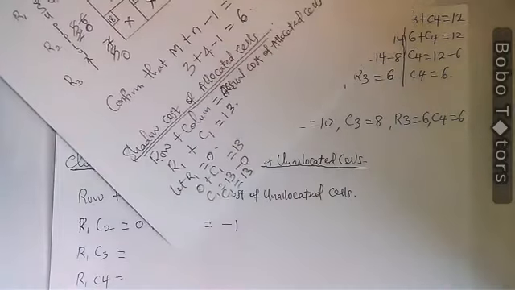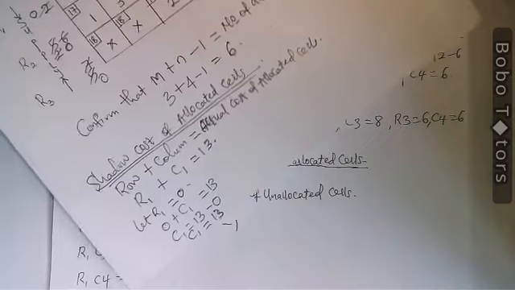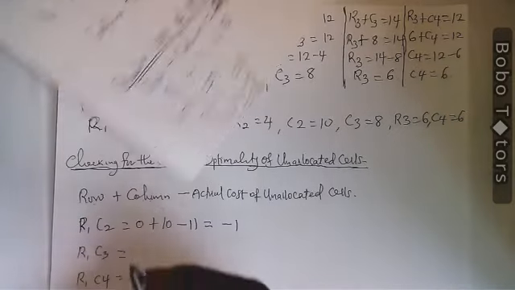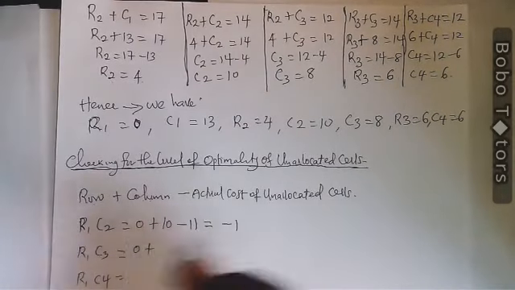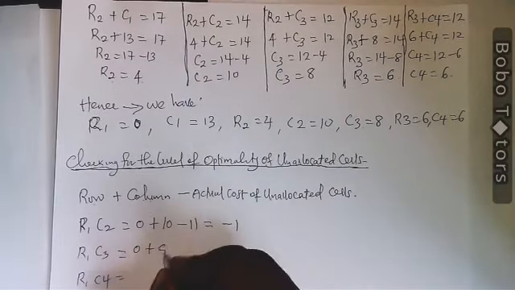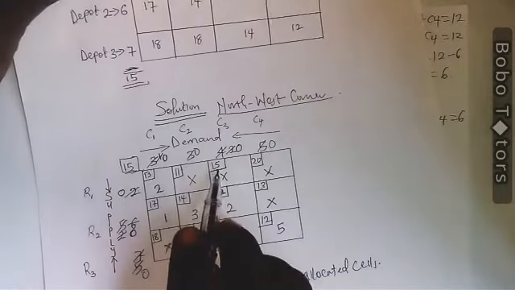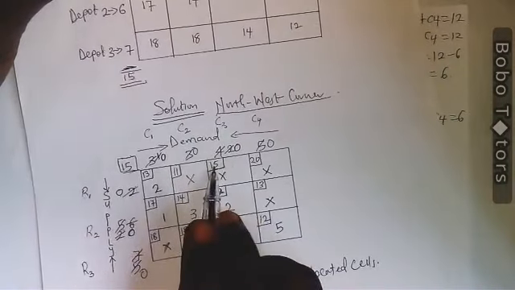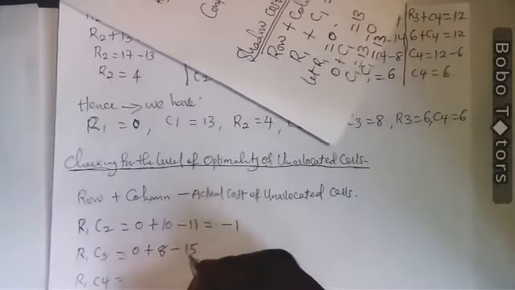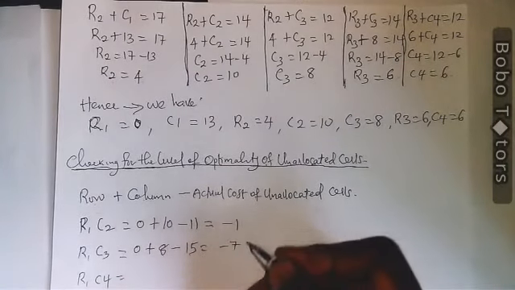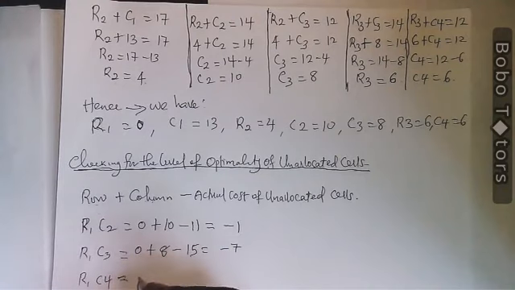The next is the second one, row 1, column 3. Row 1 is 0 and my column 3 is 8, minus 15. Row 1, column 3 is 15. We have minus 7.